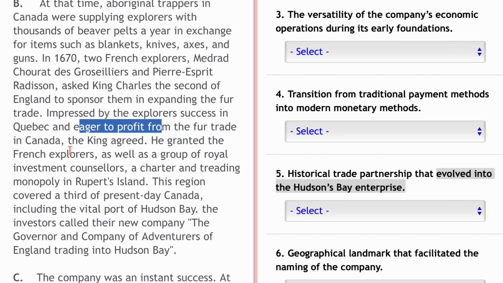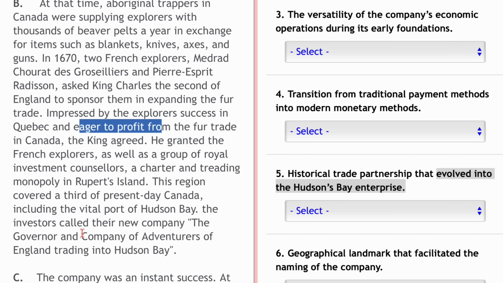He granted the French explorers, as well as a group of royal investment counselors, a charter and trading monopoly in Rupert's Land. This region covered a third of present-day Canada, including the vital port of Hudson Bay.